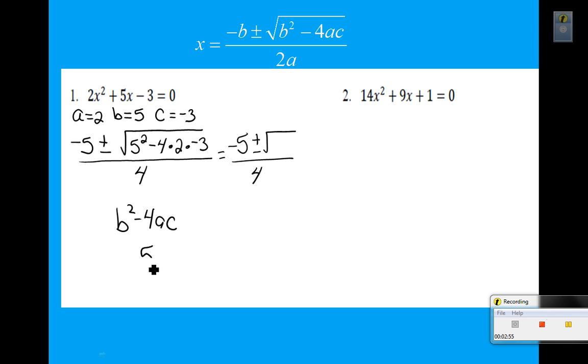So you'll type in your calculator 5 squared minus 4 times 2 times negative 3. I'm going to go a little slow at this first one. I'm going to give you a second to do that real fast, because this is key. If you can't do this on your calculator, it's going to mess everything up. Do not hit the square root button yet. Just run that part through your calculator. And if you do that, you should get 49.